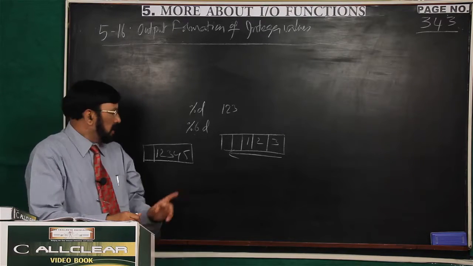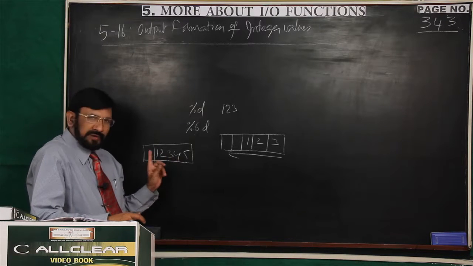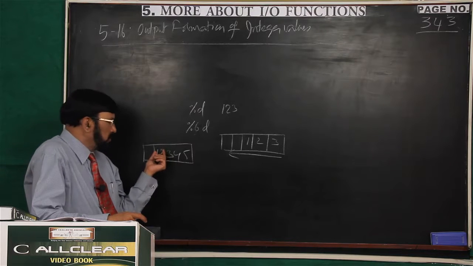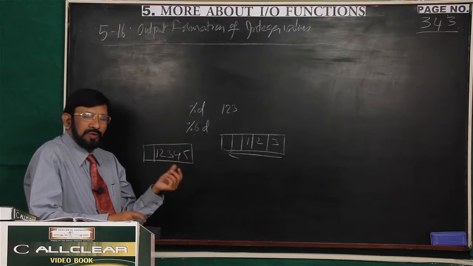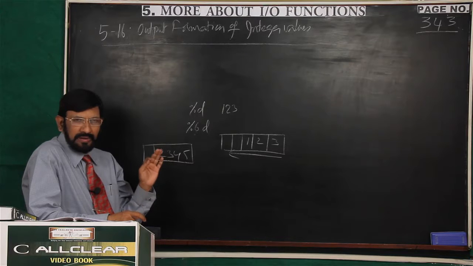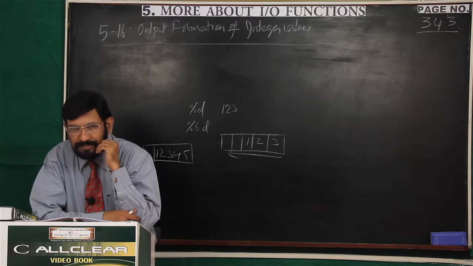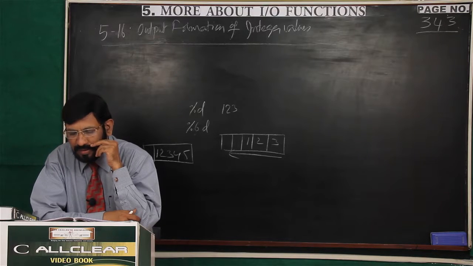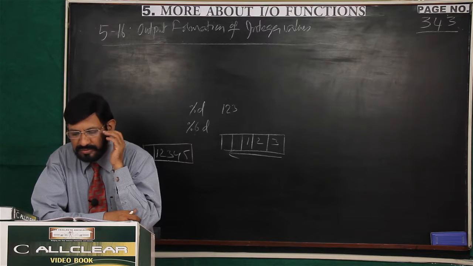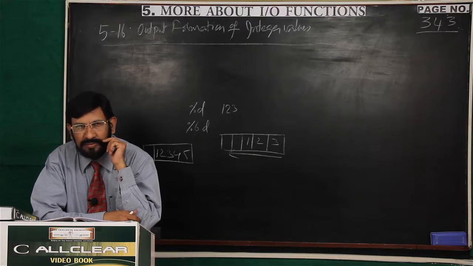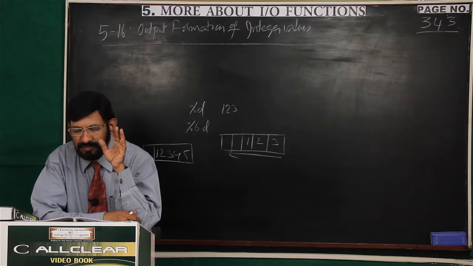That's why, with reference to 12,345, if you write a width above 5 only, it is meaningful. Otherwise, the printf statement simply ignores it. You have written 3, it ignored that, and you have written 2 in C case, then also it simply ignored. So for 12,345, up to width 5 the width specifier is ignored.